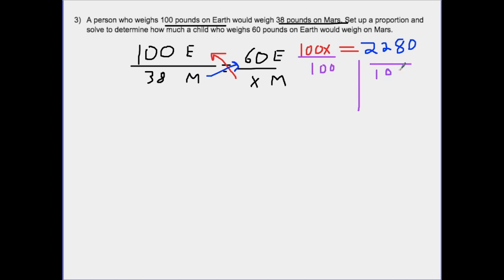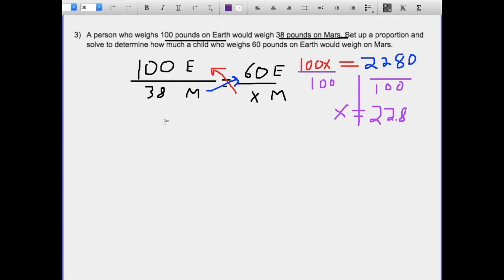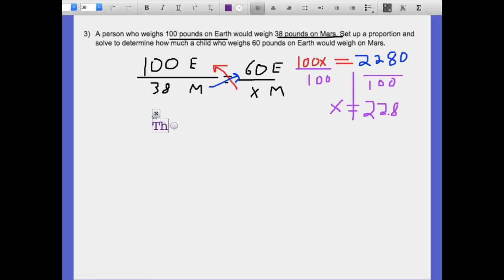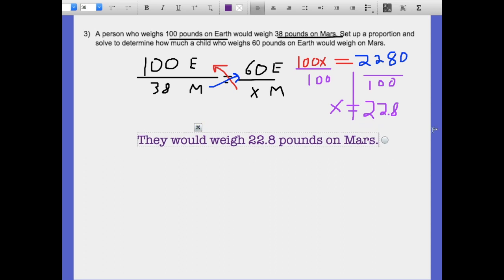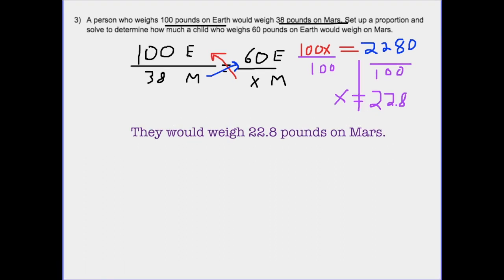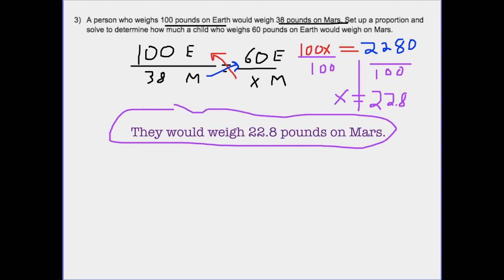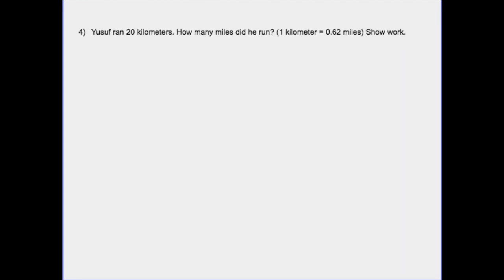Divide by 100. I get 22.8. So then our final answer would be they would weigh 22.8 pounds on Mars. And circle my final answer as well. There we go.